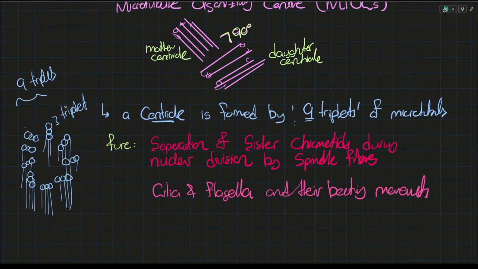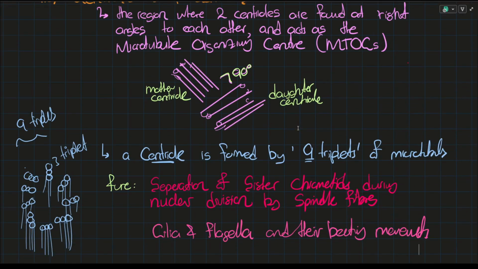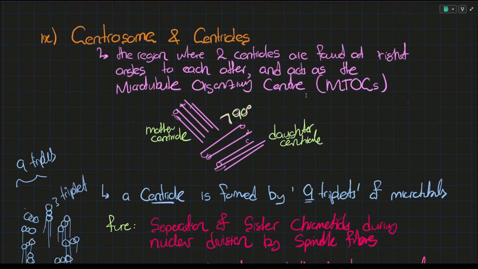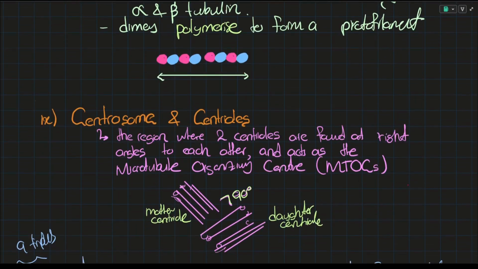Flagella and cilia are also made out of microtubules. Interesting, right? They are simply extended microtubules, extended microtubules coming all the way from microtubule organizing centers, and therefore they are also part of the microtubule community.